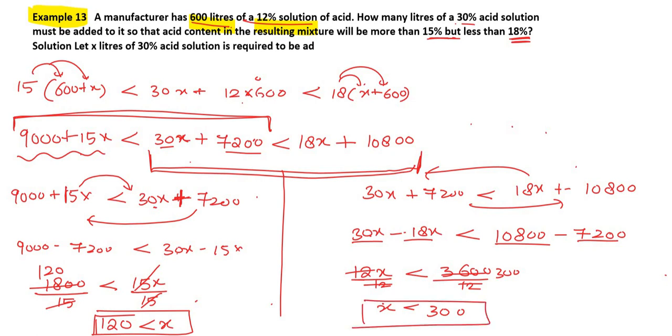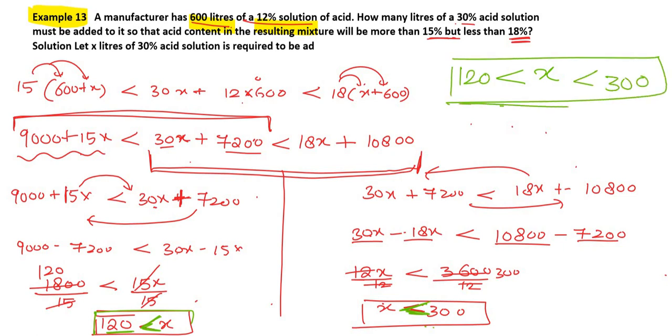So these are the two solutions that I am getting. If you see carefully, here x is more than 120, but here x is less than 300. So x is more than 120 but less than 300.